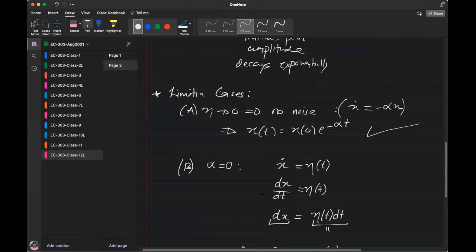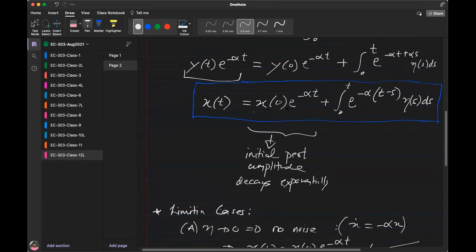That's another limit. Now if you have that limit in this equation, this term basically remains x0 because this becomes 1, and alpha equal to 0 means this term just goes away, and then what you have is the integral of eta over whatever interval you are thinking of. This is consistent with the idea of Brownian motion: if you take lots of random steps given by eta and integrate all of it, you get the final location.